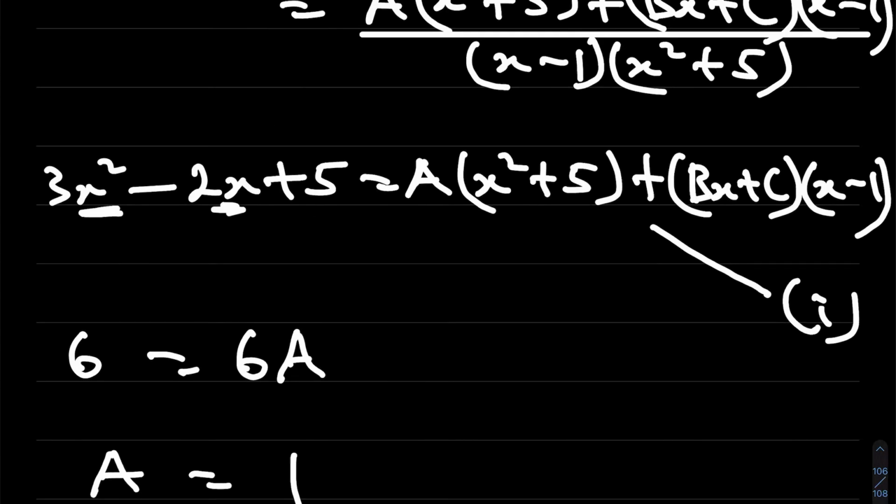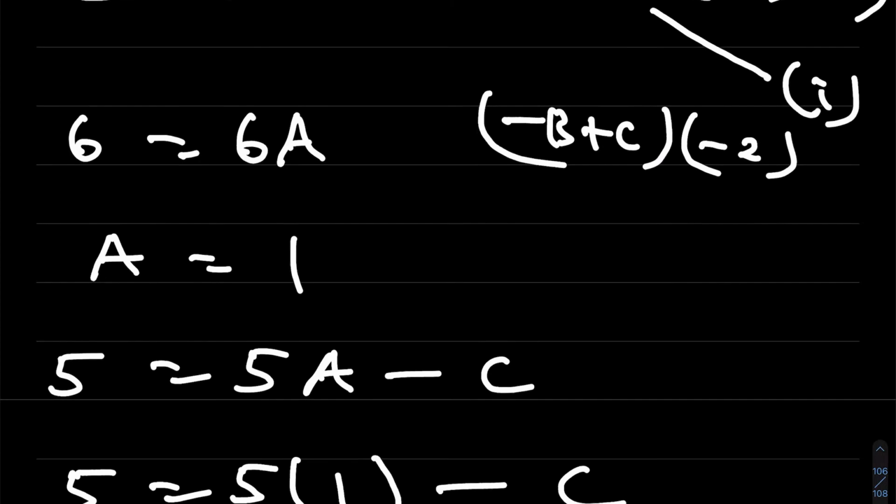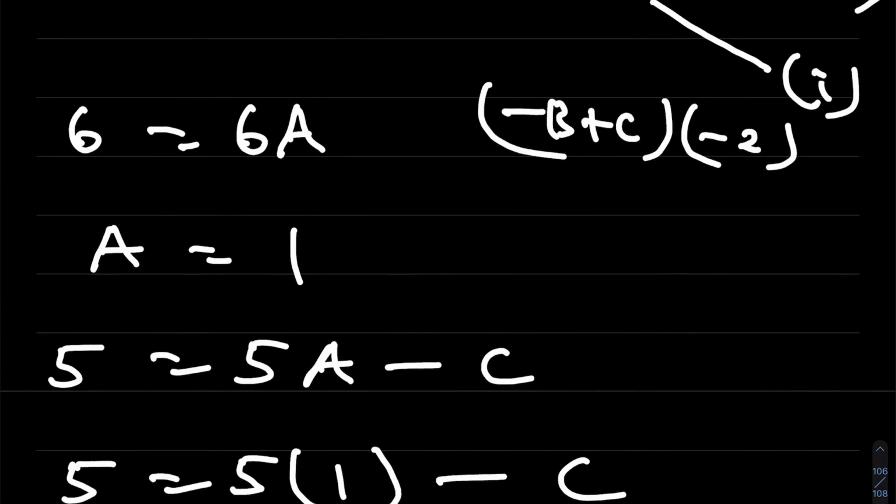Here what do we have? This is B times minus 1, which is minus B, plus C, so that will be minus B plus C times minus 1 is minus 2 times minus 2, and that's simply plus 2B minus 2C.